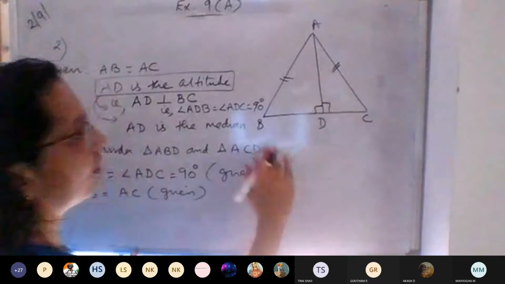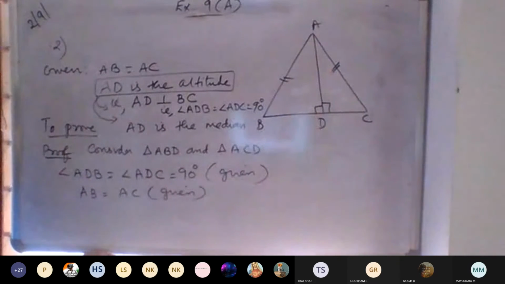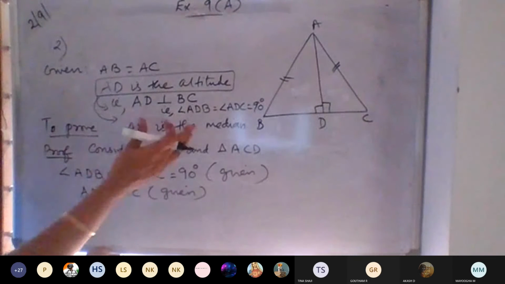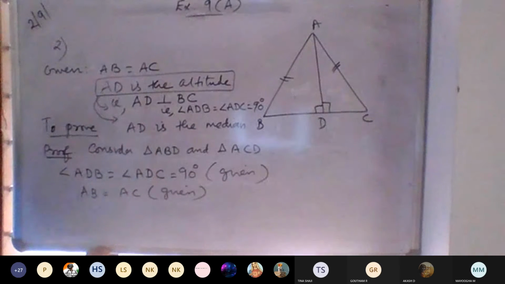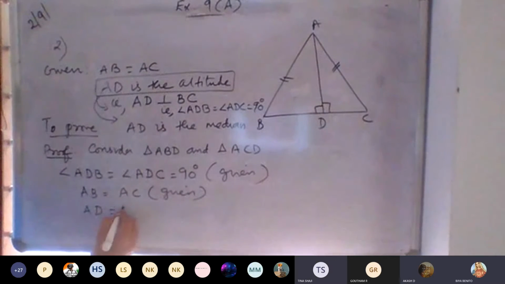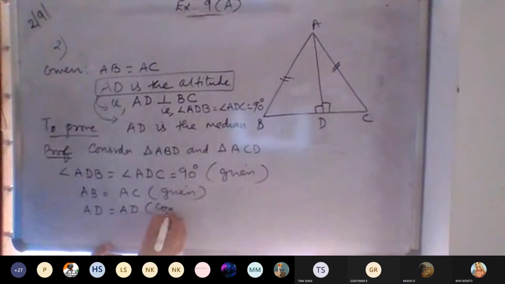So if we get one more, we can directly say using RHS. So the angle we got is 90 degrees. Then the hypotenuse AB and AC. Then one more: AD is equal to AD, common.